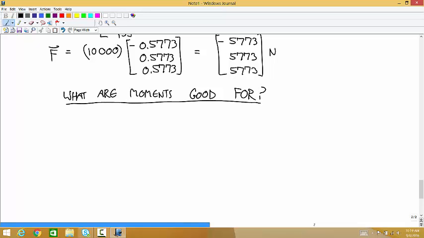And the answer is the rotational version of Newton's second law. And this is what I'm always going to abbreviate Rn2L.